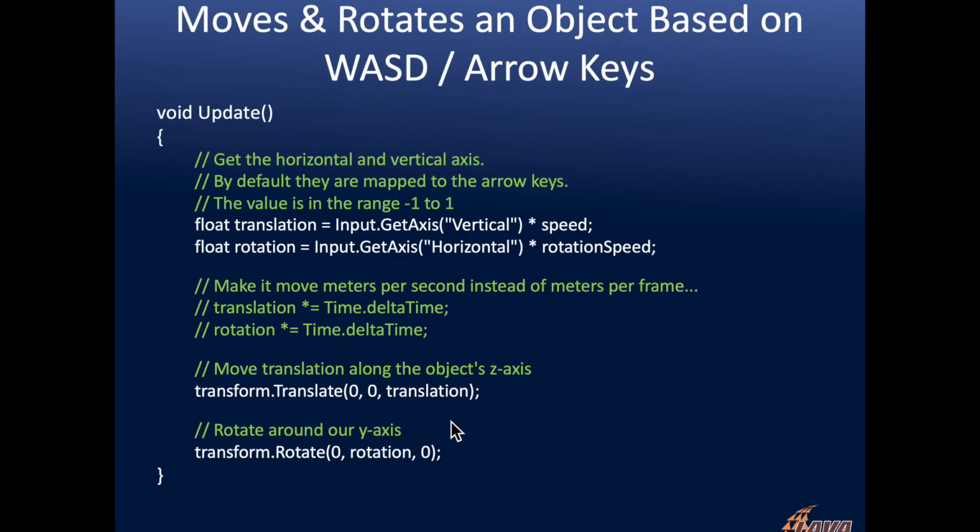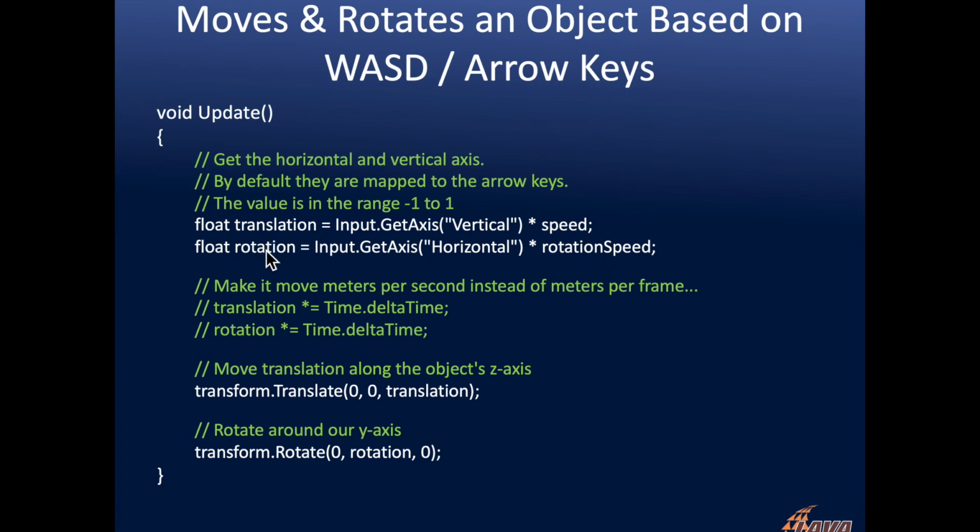This would be the equivalent C# code. So you've got input.getAxis vertical multiplied by speed, input.getAxis horizontal multiplied by rotation speed.